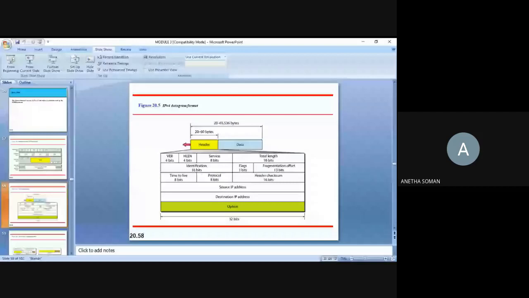So what is done there? This field is decremented each time. You will be setting a value, and whenever the packet is processed by a router, the value gets decremented.